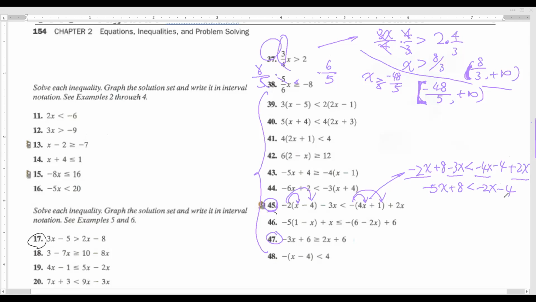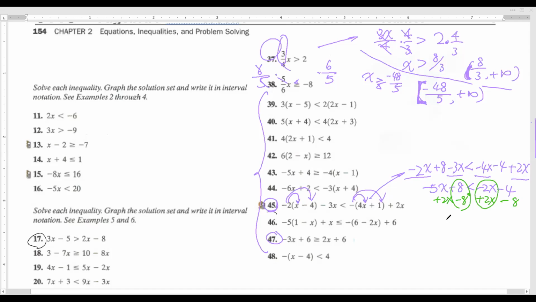So you can see it goes back to the earlier situation. We move the like terms from the left side to the right side. So plus 2x on both sides, and minus 8 on both sides. It doesn't change the inequality sign. You can see this part became 0 and this part became 0.